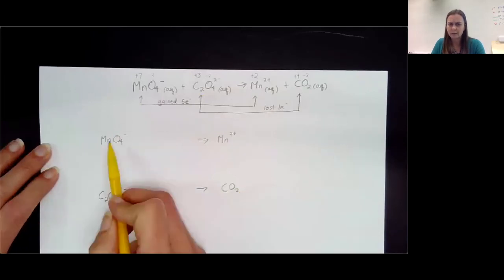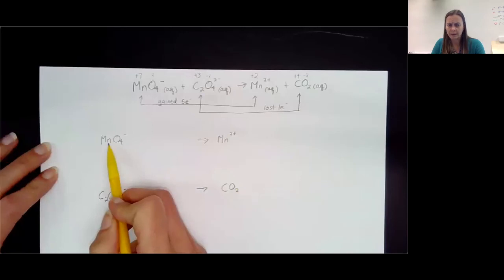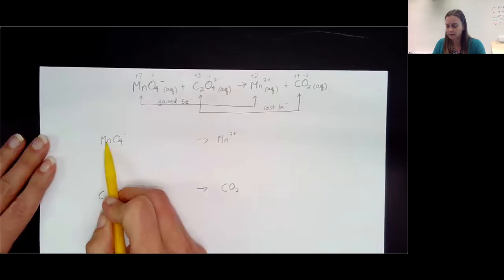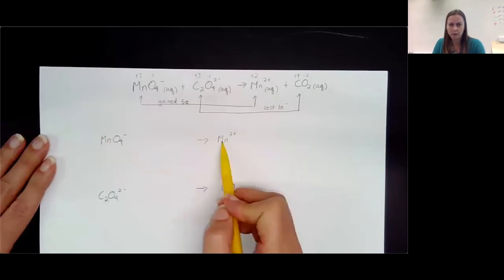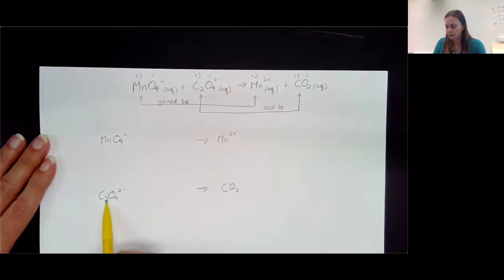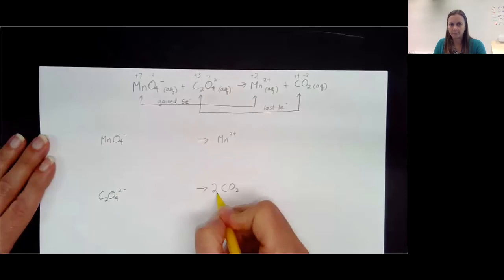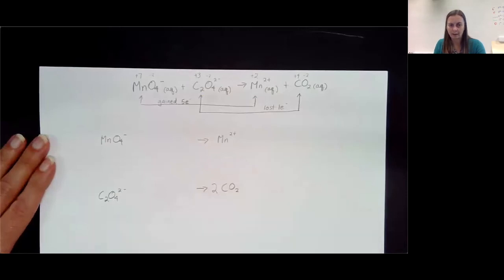First thing I have to do is balance the atoms other than oxygen and hydrogen. So I have 1 manganese here and 1 here, so I don't need to balance anything. I have 2 carbons here, so I need to put a 2 in front of carbon dioxide to balance that part. The next step is to balance the oxygens by adding water.